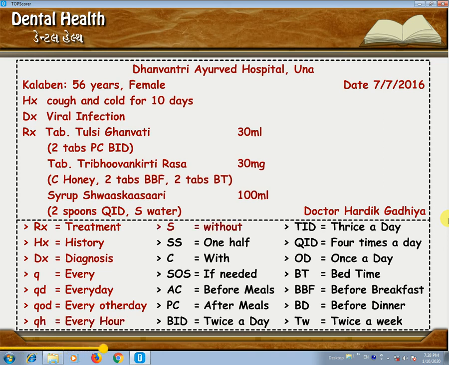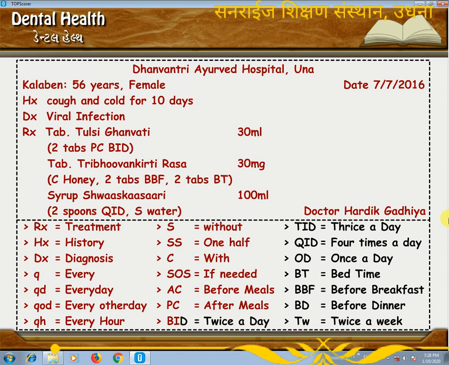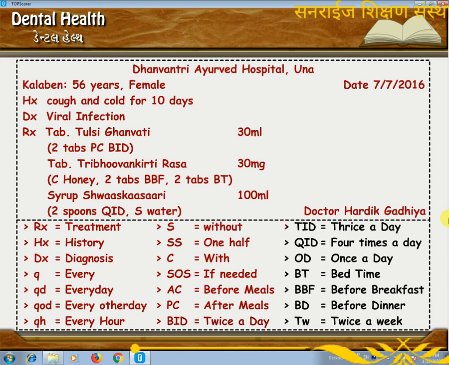AC before meals. PC after meals. BID twice a day. TID thrice a day. QID 4 times a day. OD once a day. BT bedtime. BBF before breakfast. BD before dinner. TW twice a week.